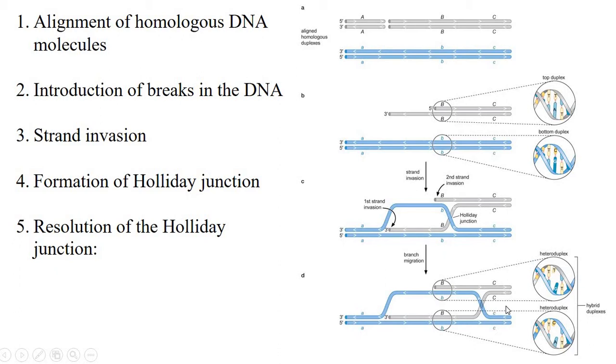That's where the Holliday junction will resolve, or break, and that's called resolution of the Holliday junction. It results in two sets of chromosomes where the strands have been exchanged. You can see here that these make a heteroduplex because these are not exactly similar sequences but very similar, so there is a little bit of mismatch, but this can be tolerated.